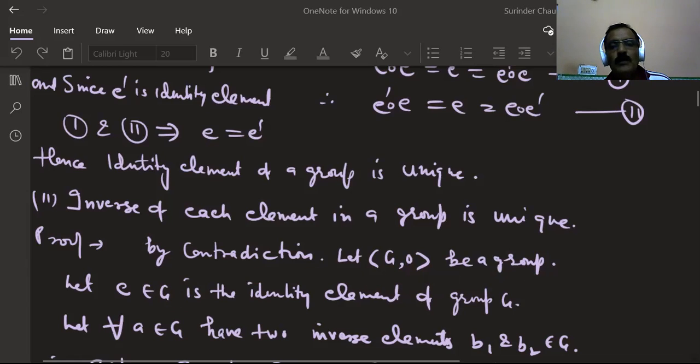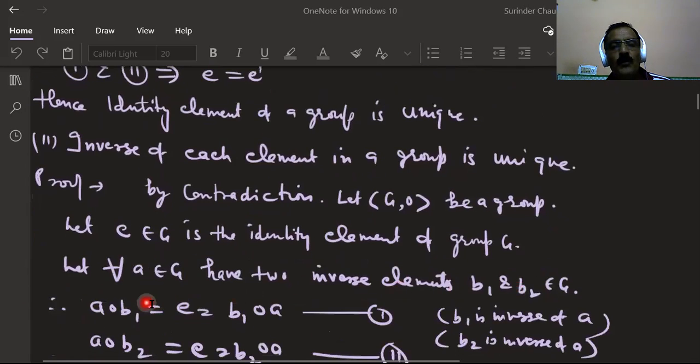Group means all four axioms hold true: closure, associative, identity exists, and inverse exists. So let us suppose that e belongs to G is the identity element of G. Now, for all a belongs to G, let us suppose that it has two inverse elements, b1 and b2.